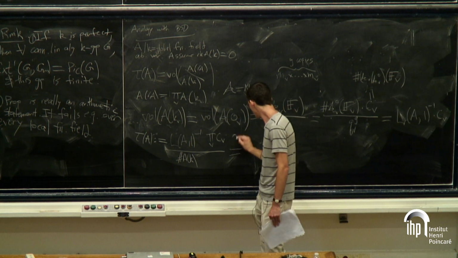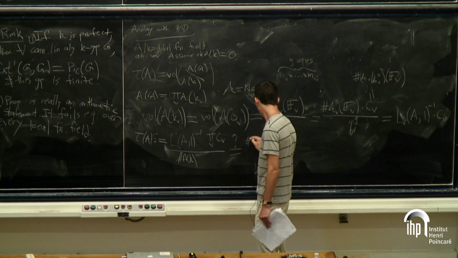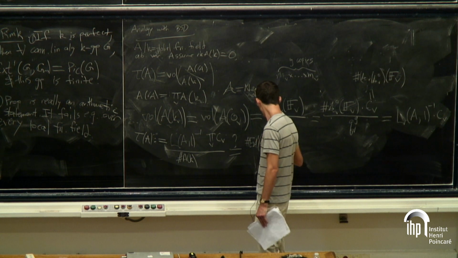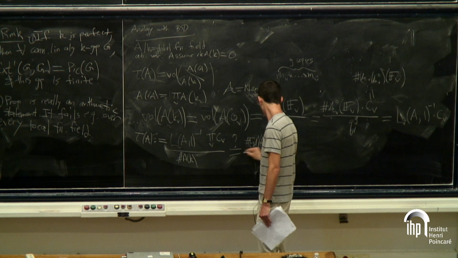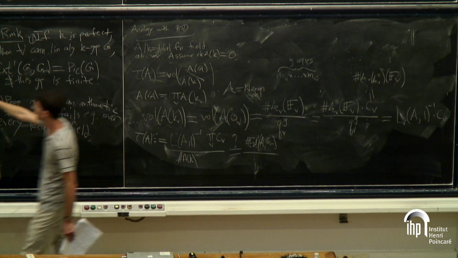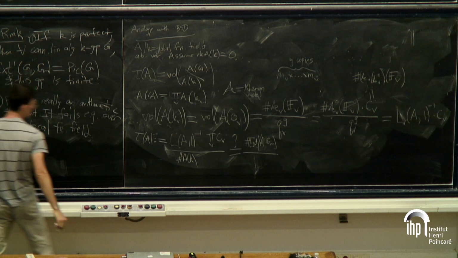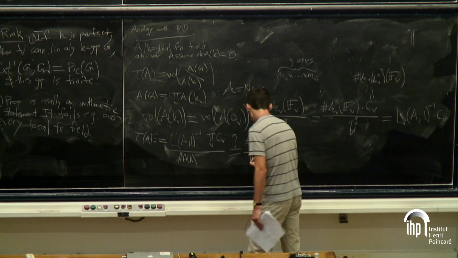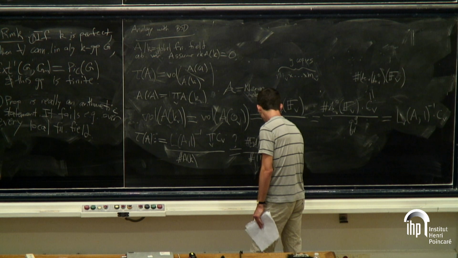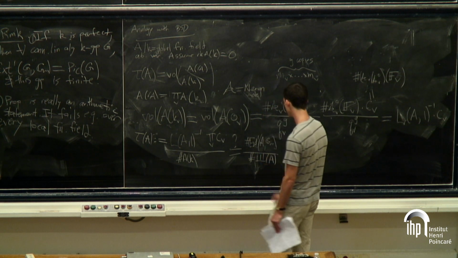OK, and we'd like to say, well, is this equal to the size of X1 of A, by analogy with the fixed version of Sansuc, where we replace this by X? Is this the size of this over the size of SHA of A, which, of course, is conjecturally finite?